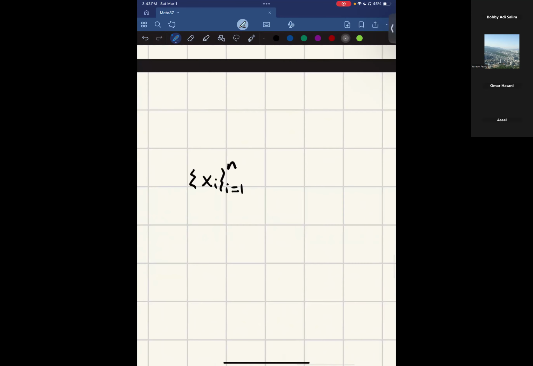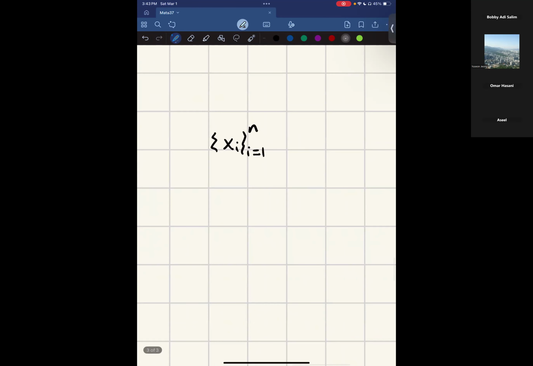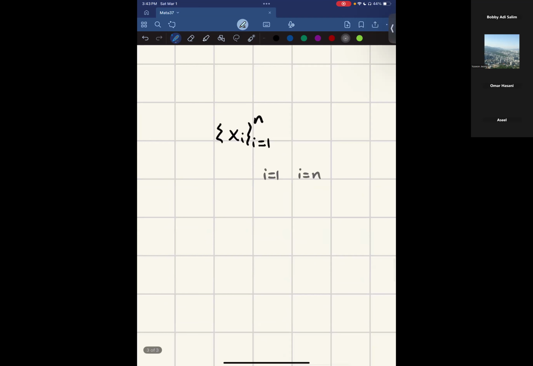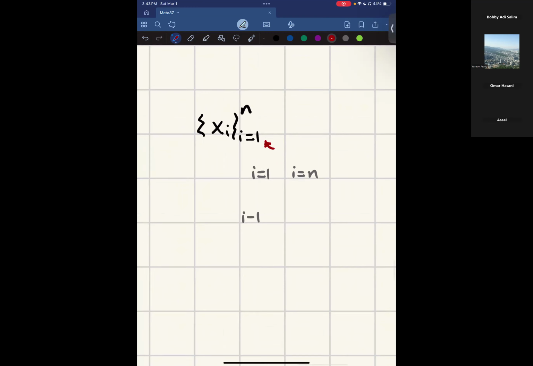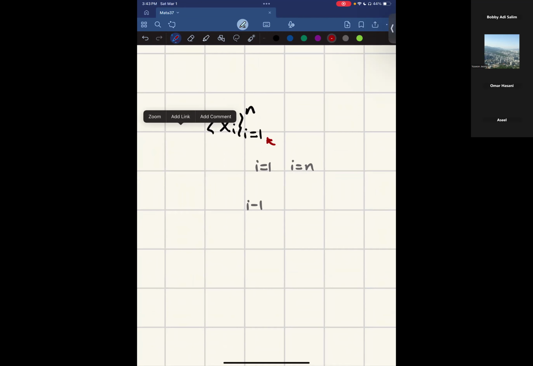The reason is that a right-hand sum goes from i equals 1 to i equals n. On a left-hand sum, it uses i minus 1 instead. So the minimum i minus 1 you can have here is 0. Yeah, it's 0.